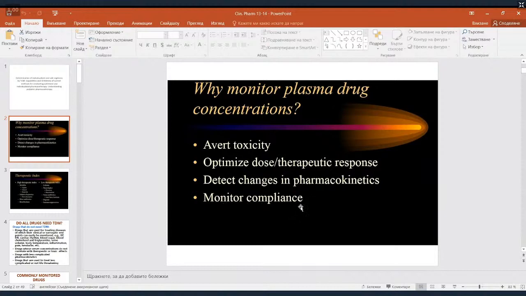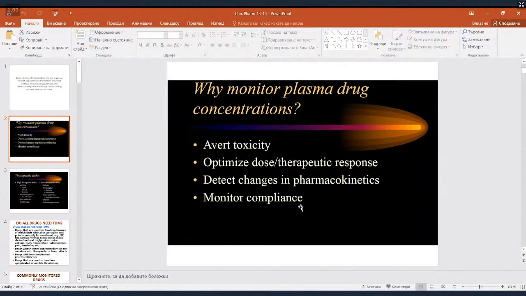So if you have a patient and you prescribe this patient, let's say, carbamazepine, which is a drug that is used in epilepsy, but this patient is still having epileptic seizures, and you want to find out why, you can measure the carbamazepine drug concentration in order to see whether the patient has been taking the drug or not.